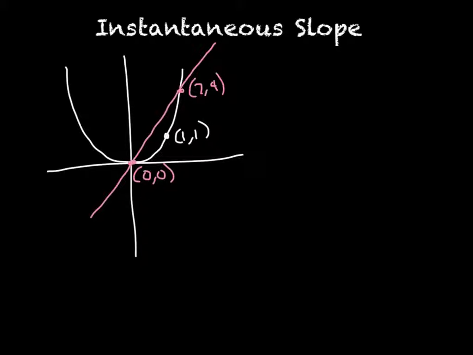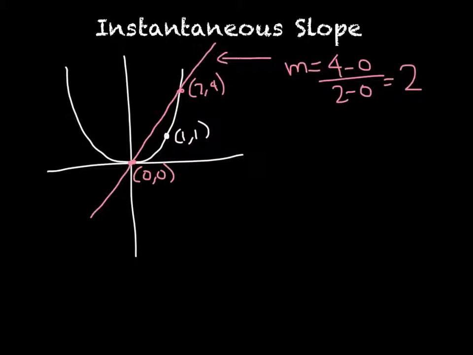So then you know that the slope of this secant line is equal to 4 minus 0 over 2 minus 0, or 2. So this can give us a kind of rough approximation of the slope at 1, 1.